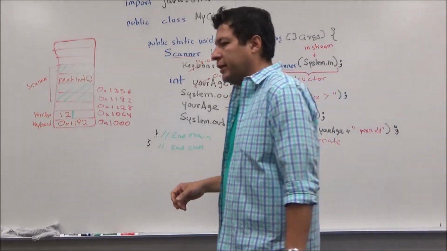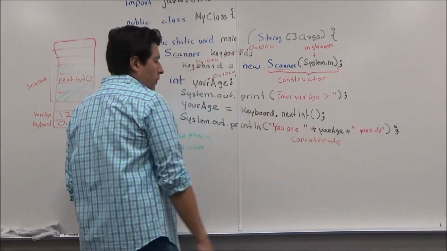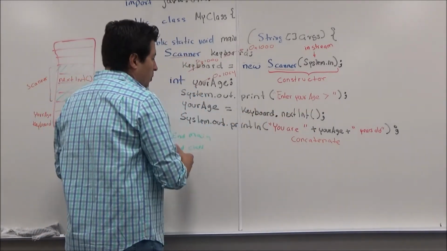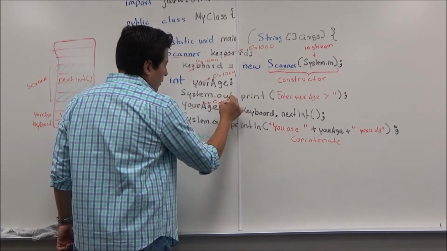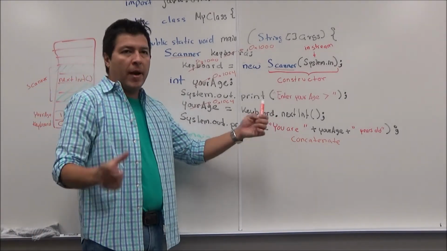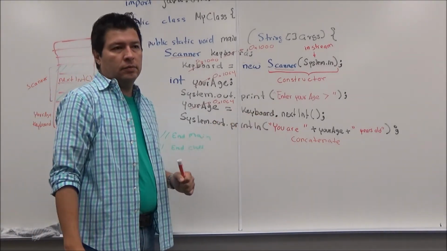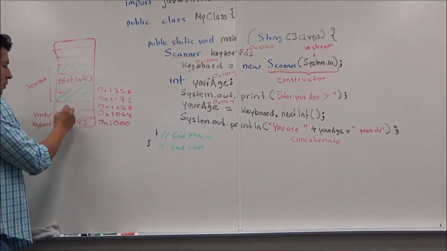So what the computer is gonna see, you type here, whatever, 24, comes back with the number 24, and it doesn't see your age. It sees the address, and it says store the value, the binary 24, in this address. So it just puts that number 24 here.